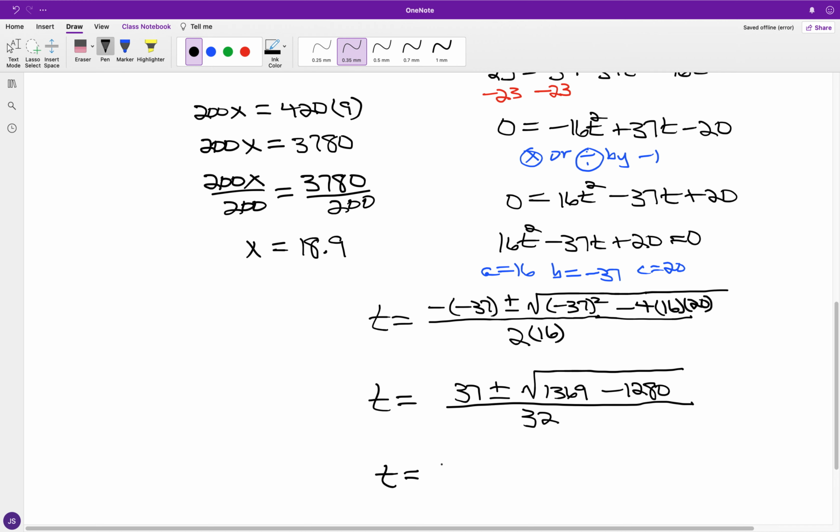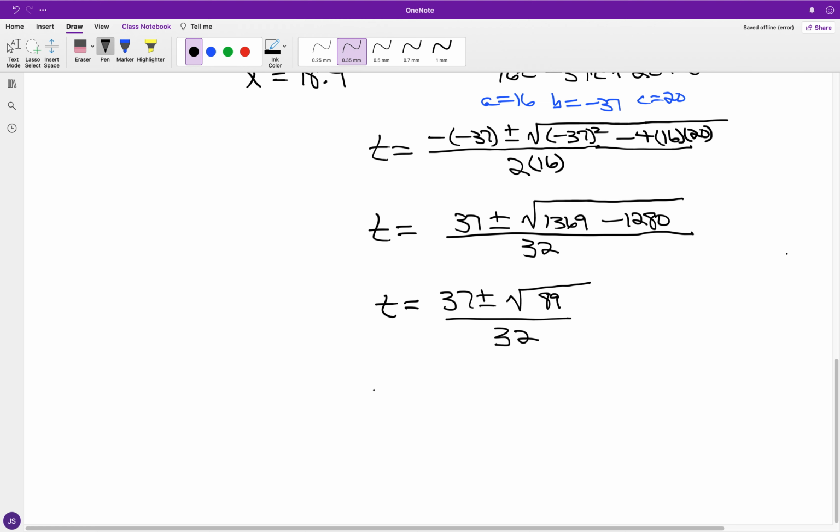So right now I got t is equal to 37 plus or minus the square root of 89 all over 32. At the upper end, we'll have 37 plus the square root of 89 all over 32.